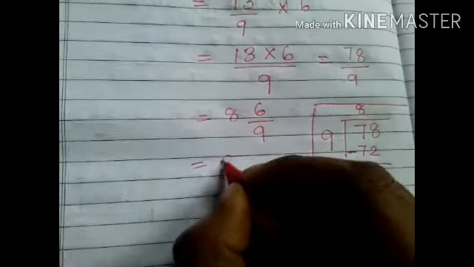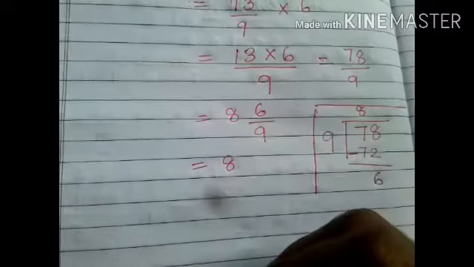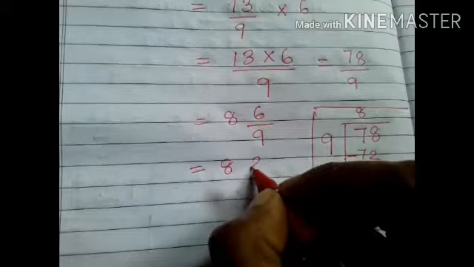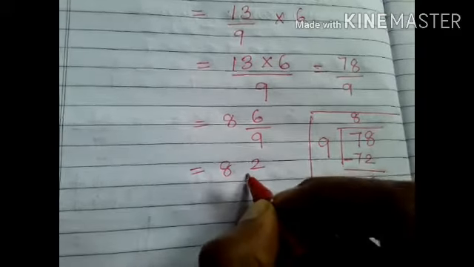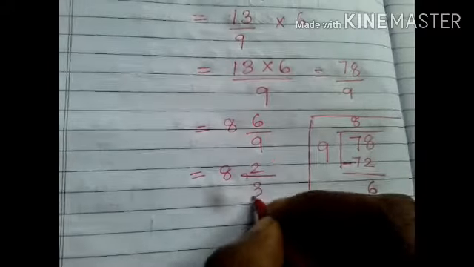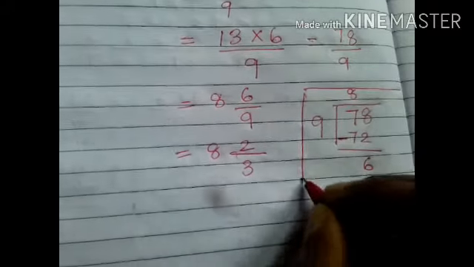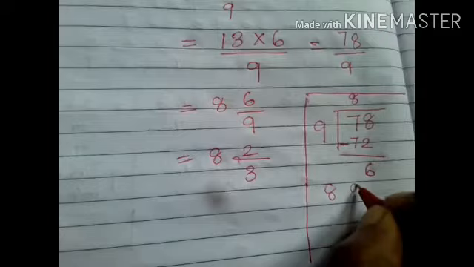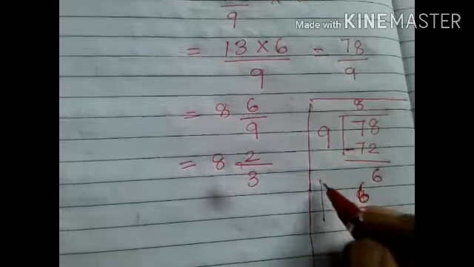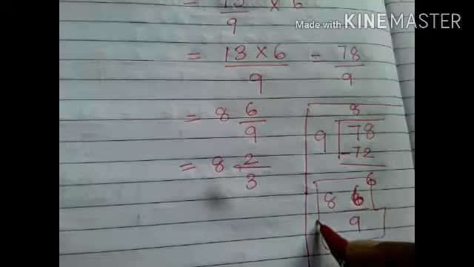We get 6 divided by 3, 2, and 9 divided by 3, 3. So 8, 6 by 9 is the mixed fraction we get.